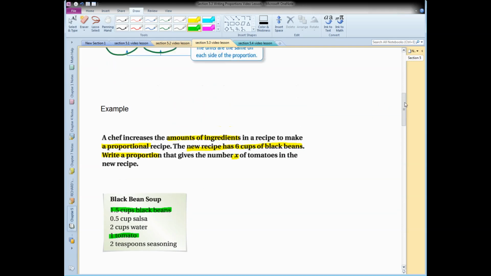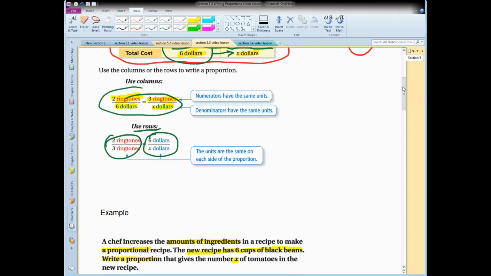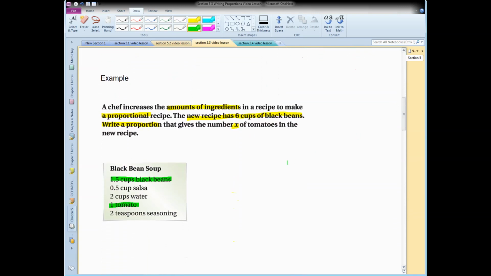So if I go back up here and see how this table is made, I could make a little table that has the information that I need. So I've got my black bean soup. My table might look something like this.